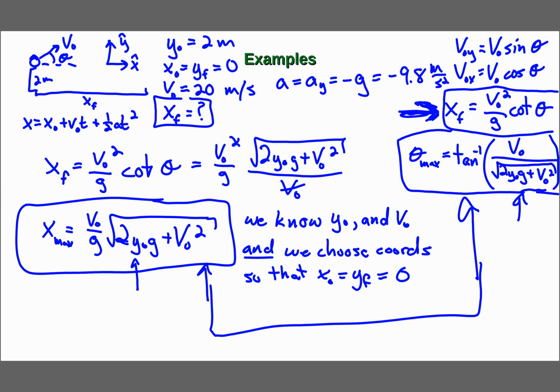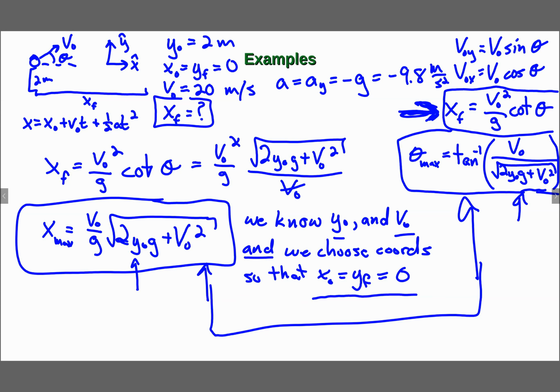So this gives us our angle for maximum distance and the maximum distance that we can have an object fly in projectile motion any time that we know just y naught and v naught, and so long as we choose coordinates so that x naught and y final are 0, because that's what my derivation relied upon, right? That's the way I set it up to get these answers. But these are really useful, really general answers that we got out of just considering this problem. This doesn't even have anything to do with our specific problem per se.